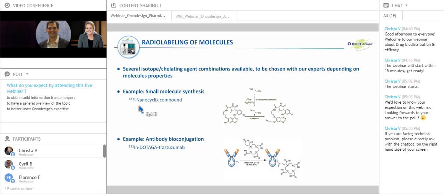Carbon-11 could also be used for very short half-life, as well as tritium, and you will do specific covalent chemistry. Here is an electrophilic substitution of the fluorine. For bioconjugation, an example is trastuzumab. We bind the chelating agent, and after that we add the indium to the bioconjugated compound to make it radioactive.